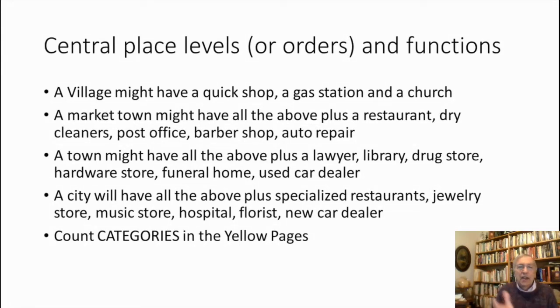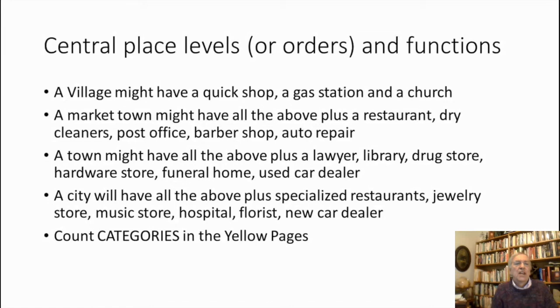A city, so let's say we're talking about the size of Zanesville, now has not only restaurants, but now you get a specialized restaurant. So now you have your choice. Do you want Italian? Do you want Mexican? Do you want Chinese? Jewelry stores, music stores, hospitals, florists, new car dealers, as well as used car dealers and so forth.